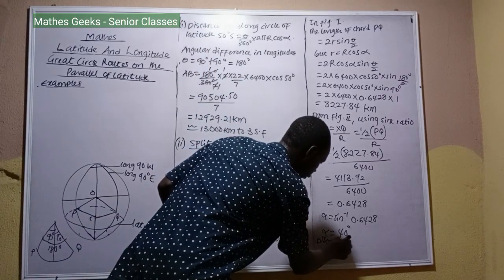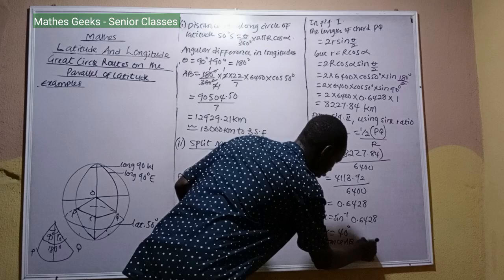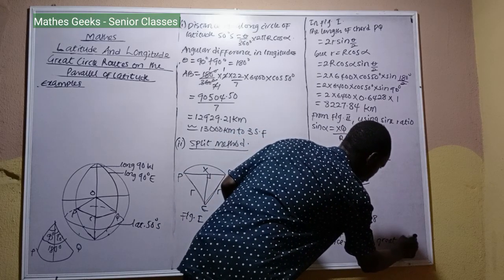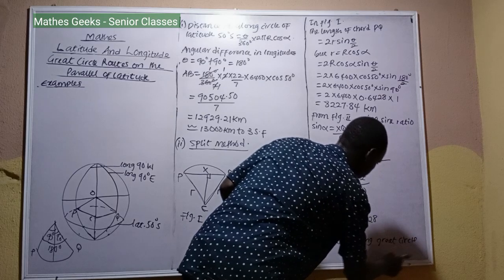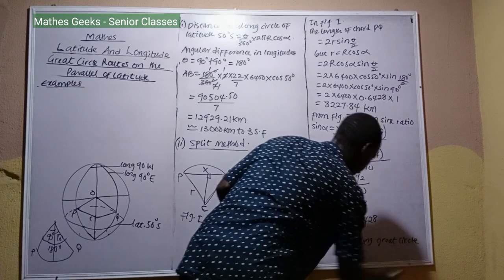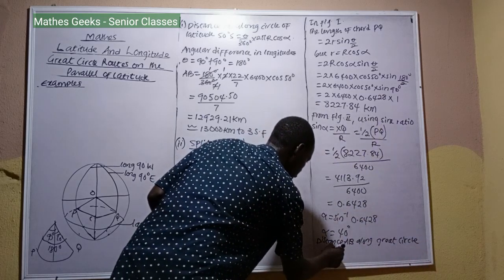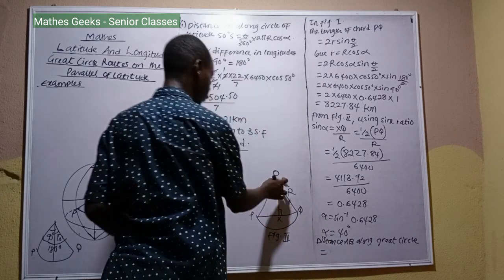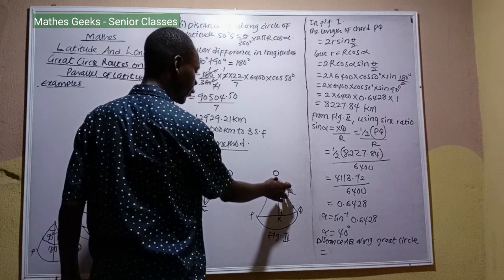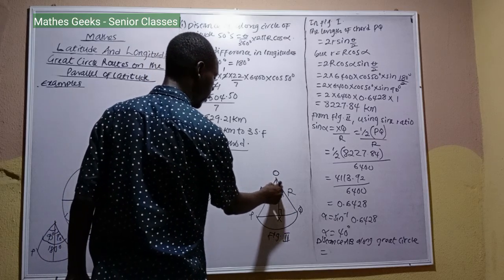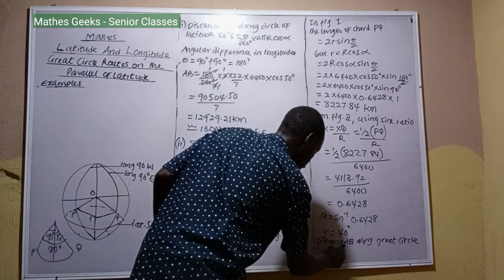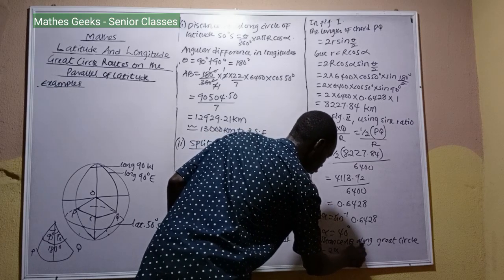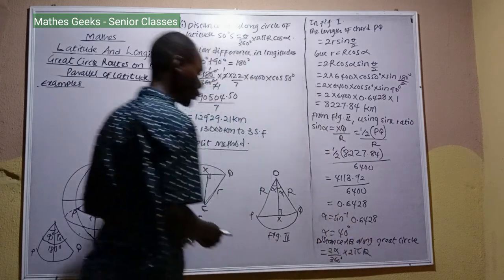Distance AB along the circle is equal to 2 alpha, which in this case is the angular difference in latitude. This is alpha, so the distance is 2 alpha over 360 degrees times 2 pi r.